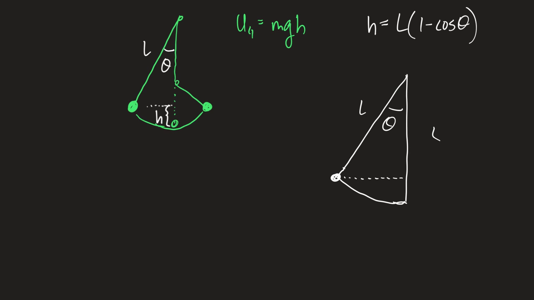That's what I'm comparing. This green side from here to here is the adjacent side of a triangle. Do you see the triangle that I'm trying to point out to you? Right angle here, hypotenuse here. So cosine of theta would be this adjacent side over L.